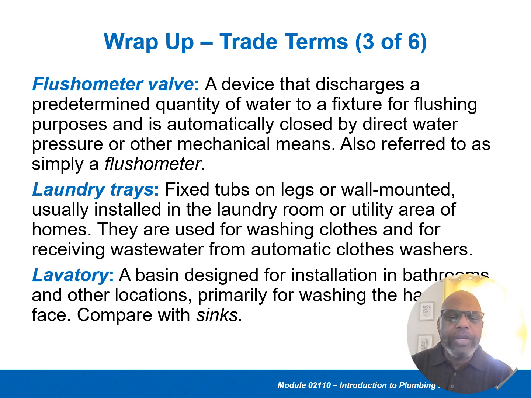Laundry trays. Basically, it is a fixed tub on legs. We call them laundry sinks. A lavatory is any type of basin designed for installation in bathrooms or other locations. It could be wall mounted, it could be a pedestal, but it is used for washing your hands and face and things like that.